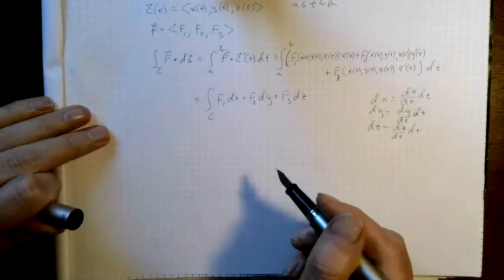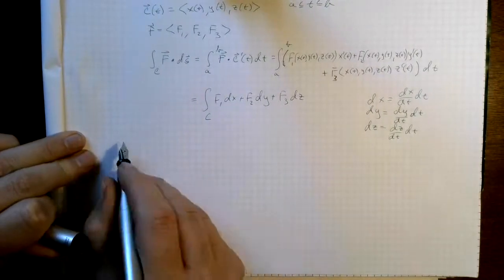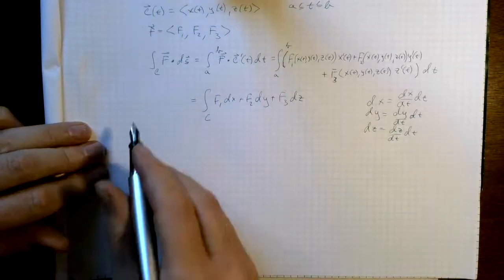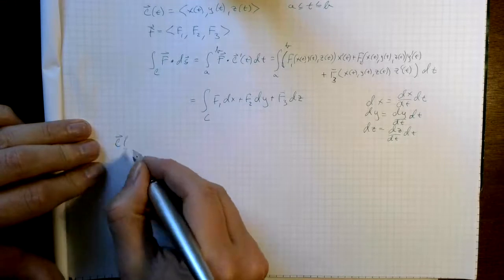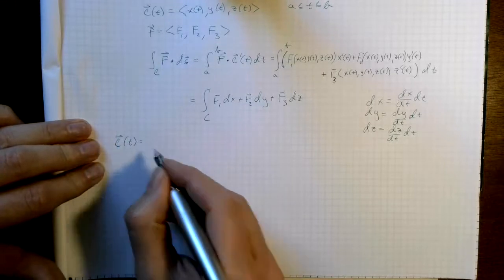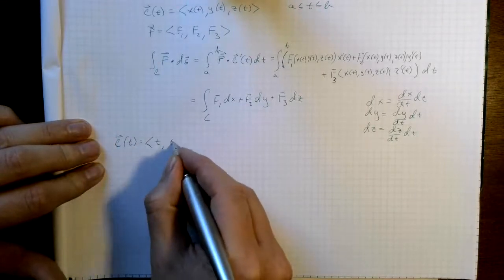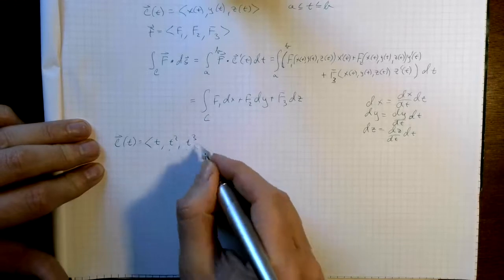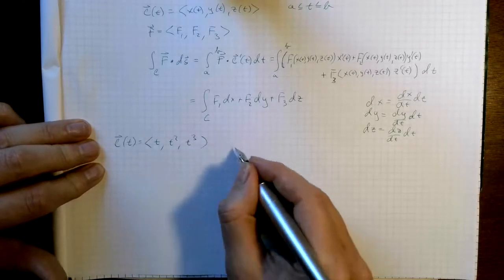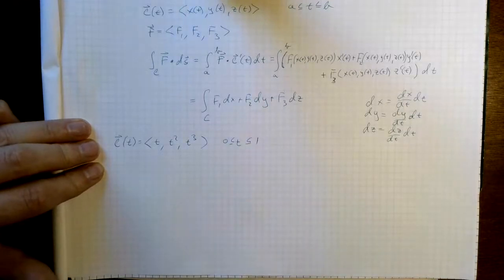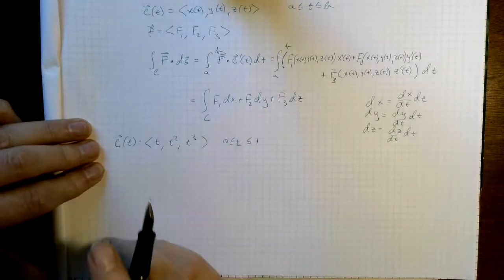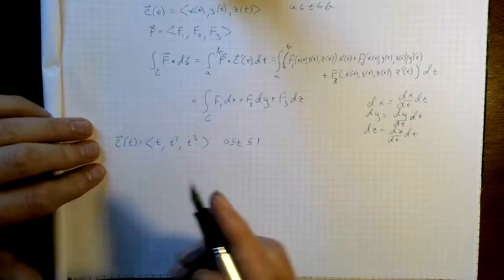So let's do a simple example. Let c of t be t, t squared, t cubed, where t is between 0 and 1, and so that's my curve c.